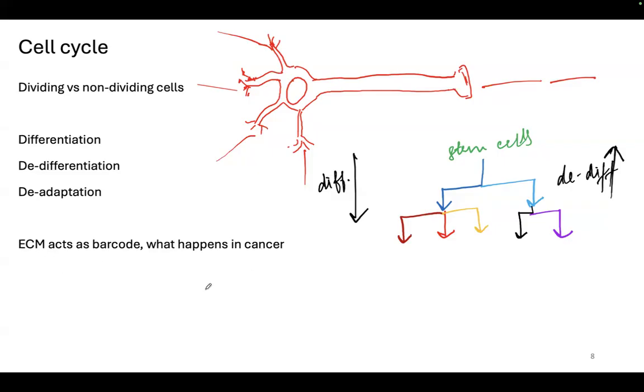Another example that was talked about was the ECM acting as a barcode, and what happens when cells turn into cancerous cells. Take our skin, for example. Skin, heart, brain, lung, and other organs have different ECM requirements.